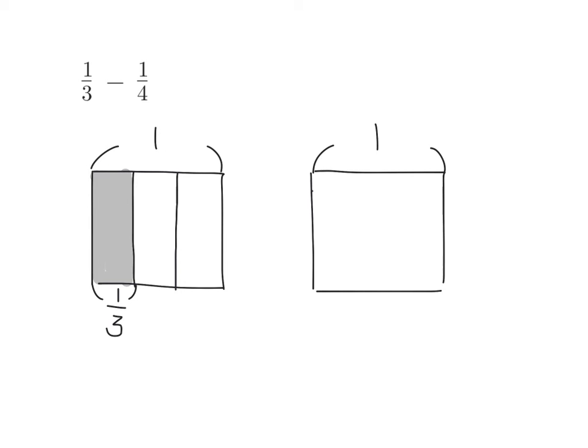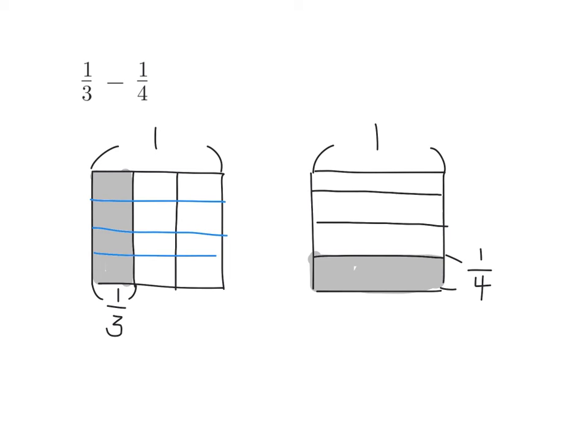Then my second term is a fourth, and I'm going to go the other way so that I can overlap them better. First I make fourths, then I shade in one of them. Okay, and then I'm going to label it to show that this is 1/4. Okay, when I overlap them, that means I divide this into fourths as well, and I divide this into thirds as well, yes?